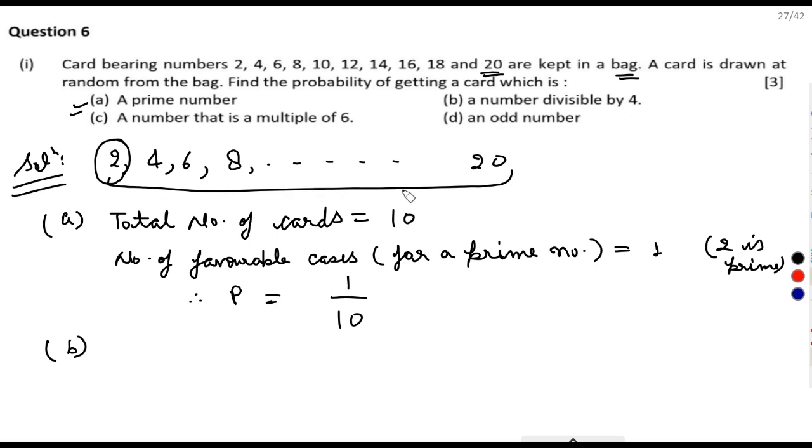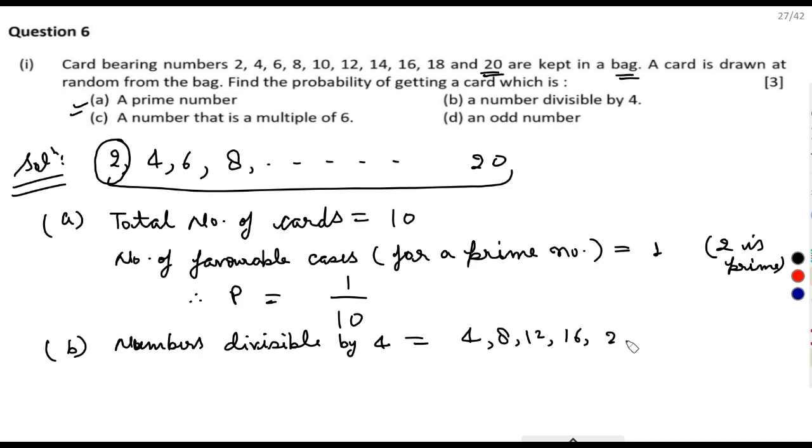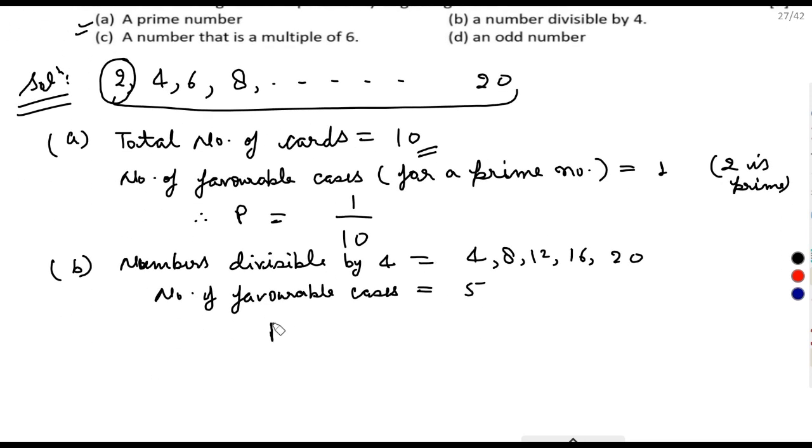Among these numbers, number divisible by 4 are 8, 12, 16 and 20. Means number of favorable cases in this condition are 5 and total number of cases are 10. Then probability of this case is 5 by 10, means 1 by 2.